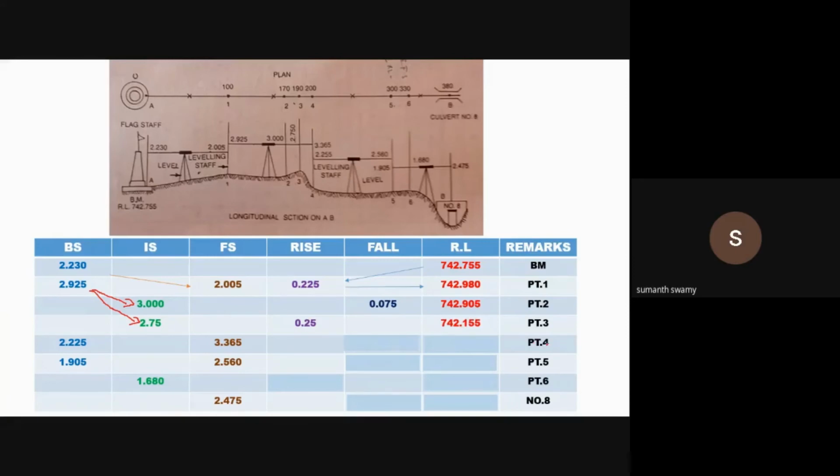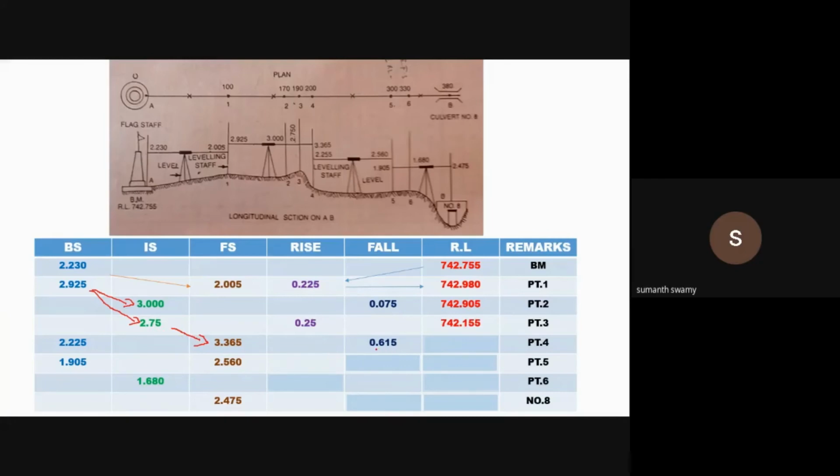Next, coming to point 4. This is the point where both backside and foresight have been taken. So in this situation, take a difference between intermediate side and foresight. The previous intermediate side was 2.75, foresight is 3.365. So when you subtract 3.365 from 2.75, the answer is negative.